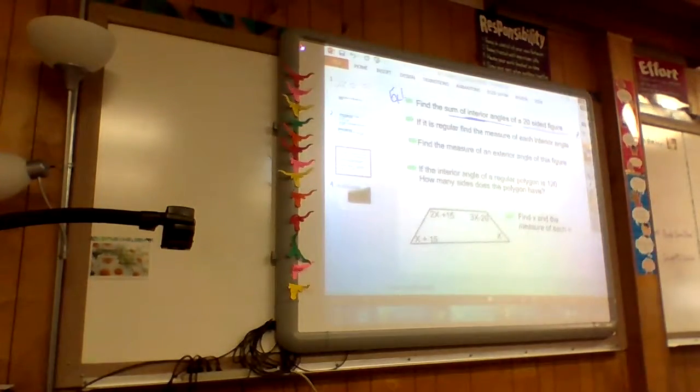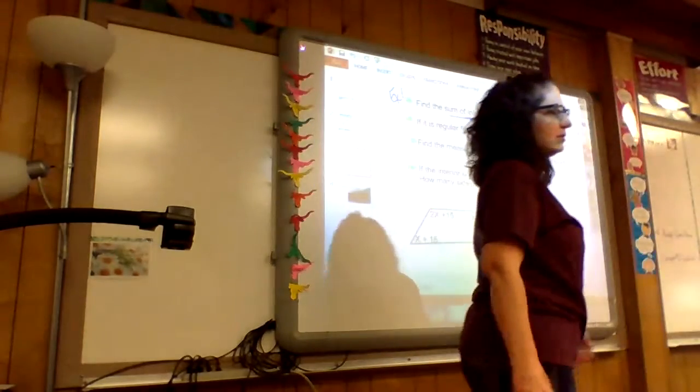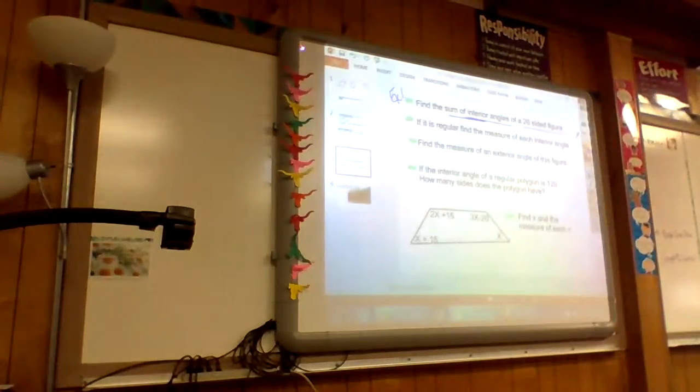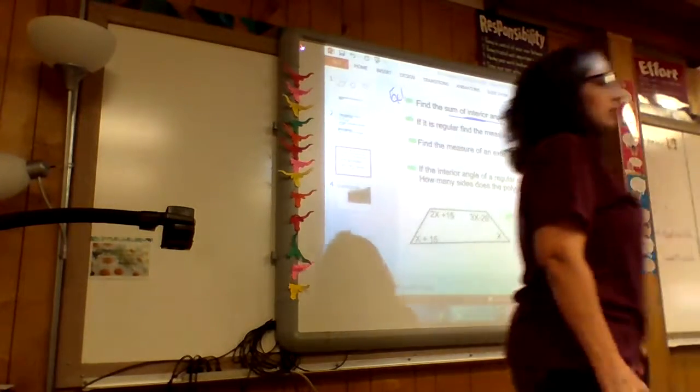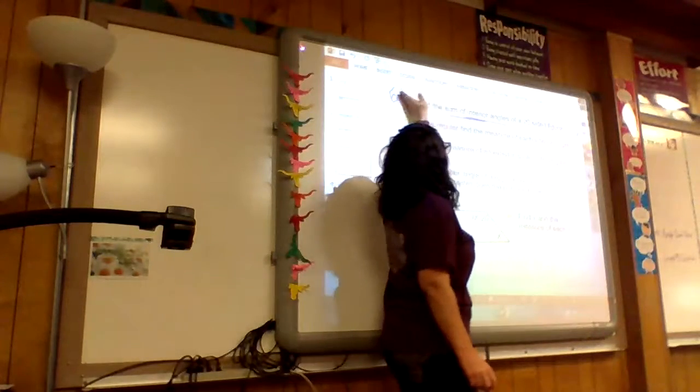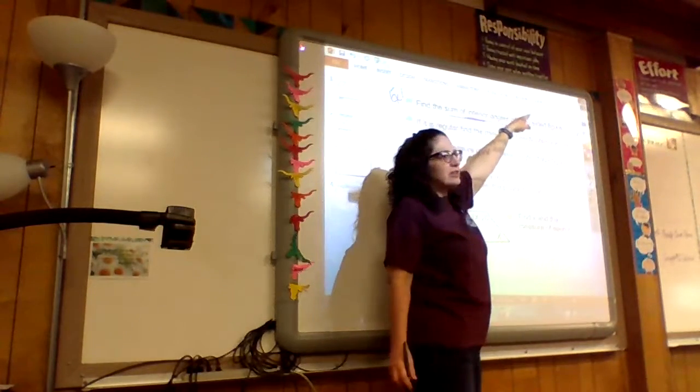You can write it on this paper and glue it into your journal, or you can write them out on the side here.